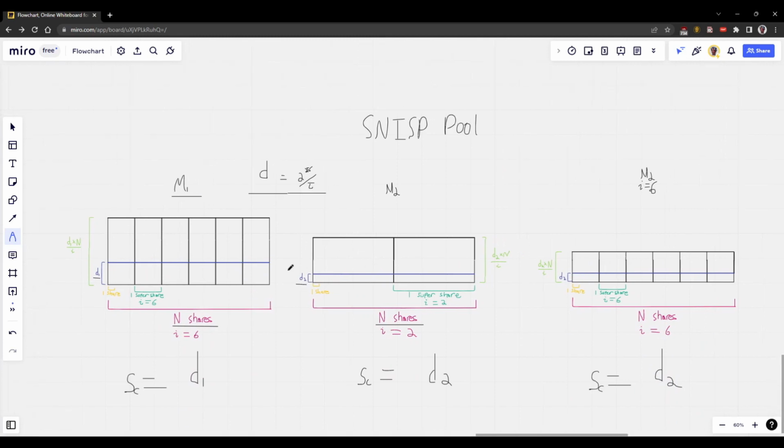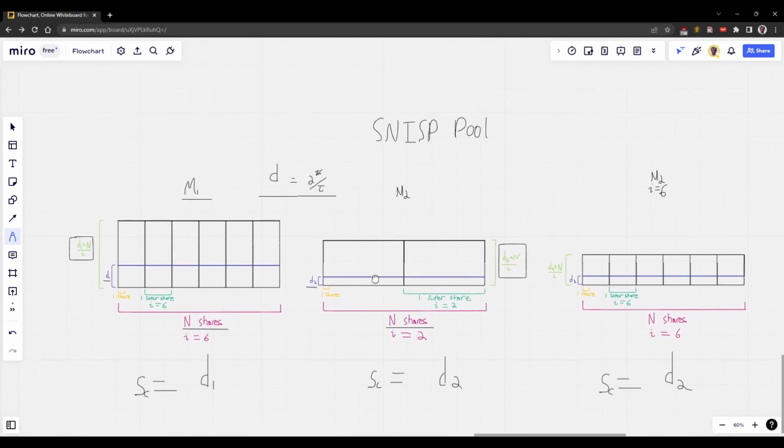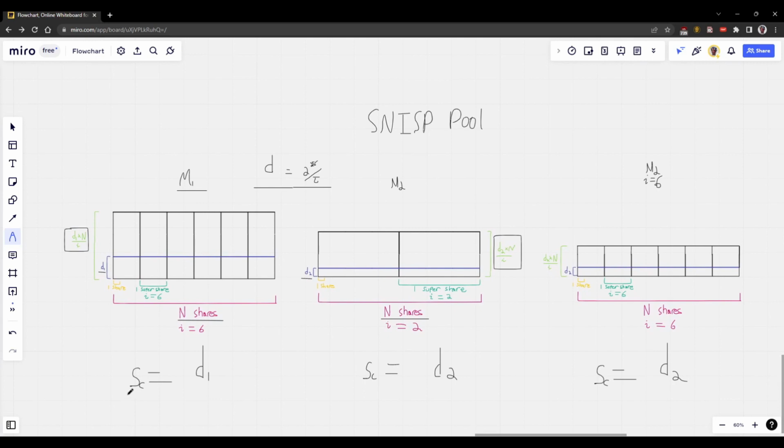And because of that, their SNISP needs to satisfy an easier inequality, D of 2 times n divided by I, rather than D of 1 times n divided by I. And because of that, the miner is paid less. And that's simply because the score is just equal to their difficulty. And because D1 is greater than D2, miner 1 gets paid more.